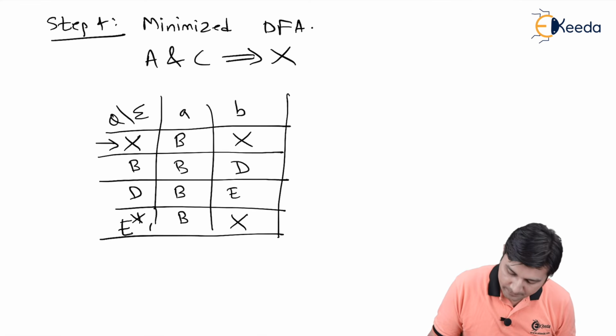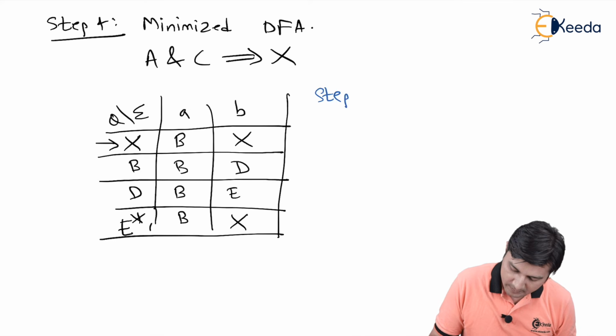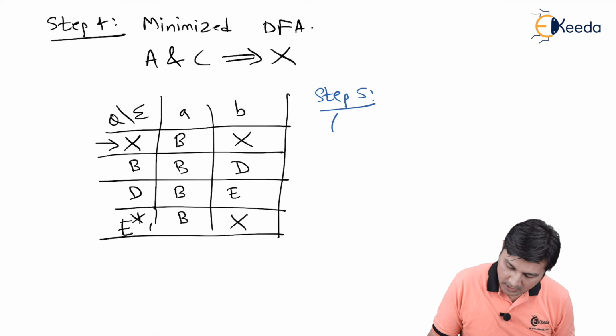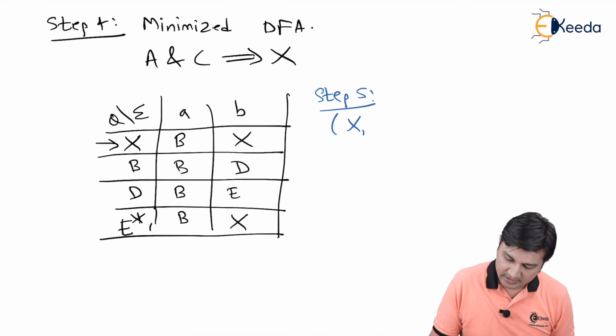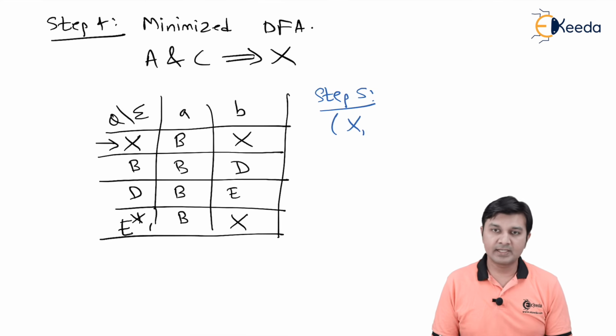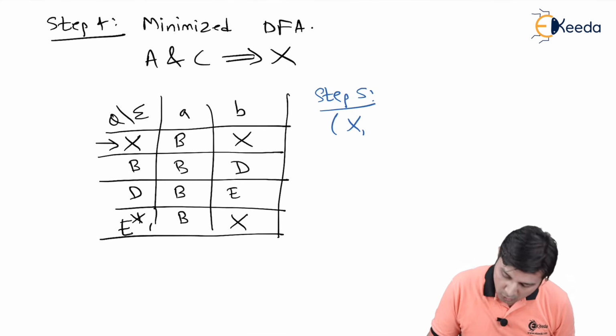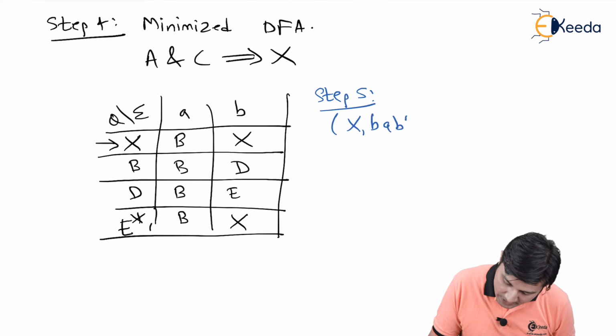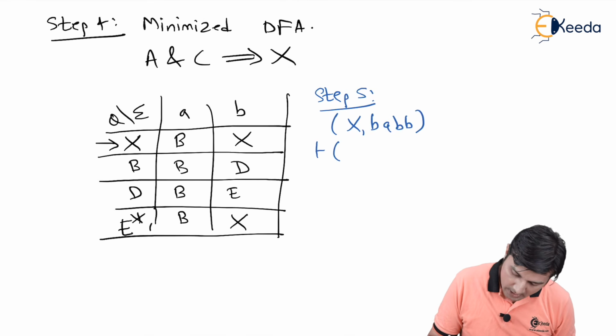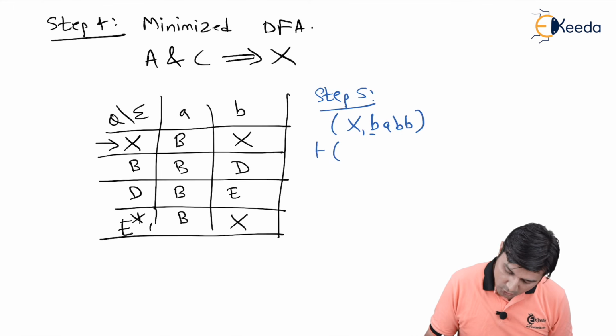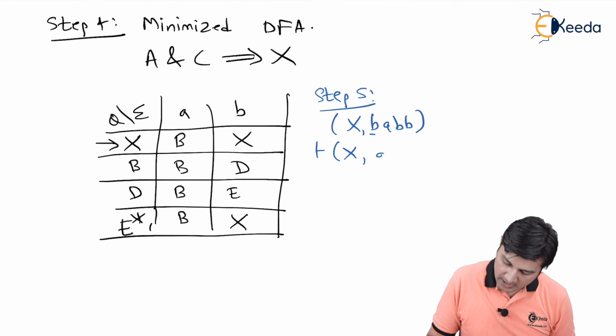Step 5. Let us consider an example. I say the start state is X. We have to think of the strings ending in ABB. So let us have B, A, B, B as the input. And X on B goes to X. I have ABB over here.